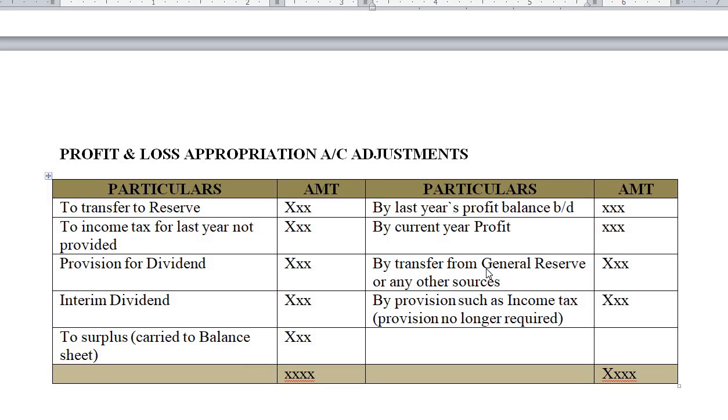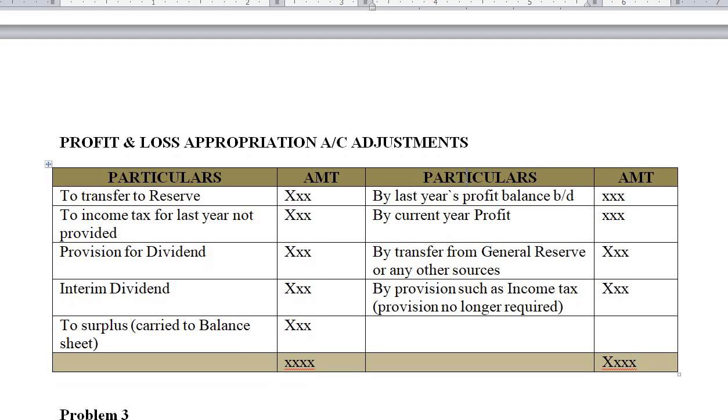Okay, and on this side, if you're transferring amount from general reserve, that amount will be shown in the credit side. And if there is any income tax which is no longer required, that kind of items will be shown here as well. Okay, we will see and you will understand it better when you're doing a problem.